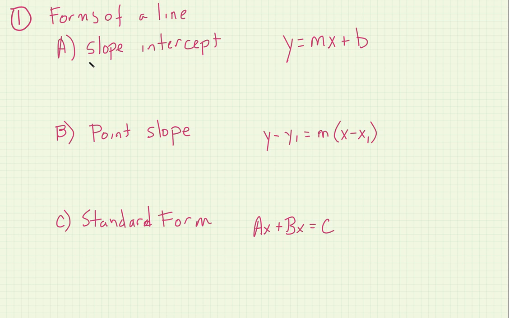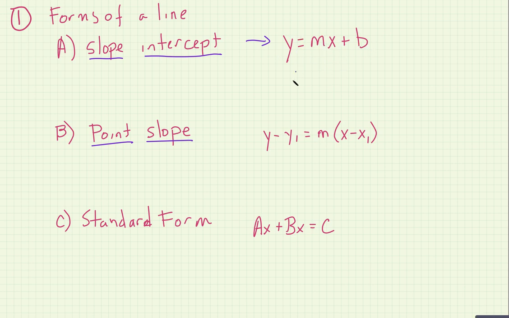Now the slope-intercept form of the line and the point slope forms are defined really by the information given in each form. So for example, if you look at the slope-intercept form, that is y equals mx plus b.